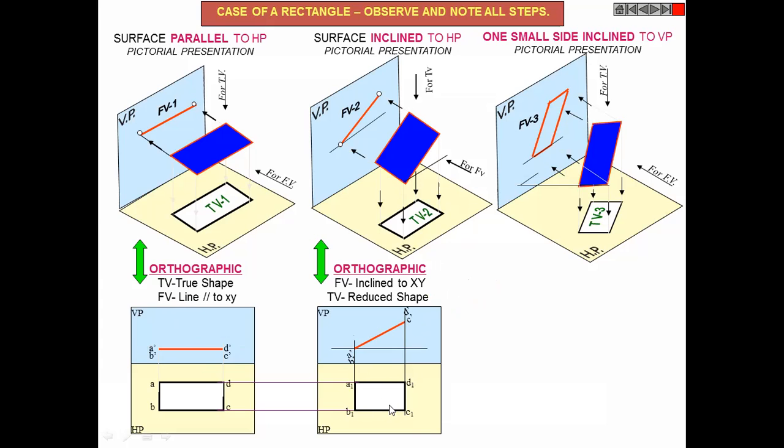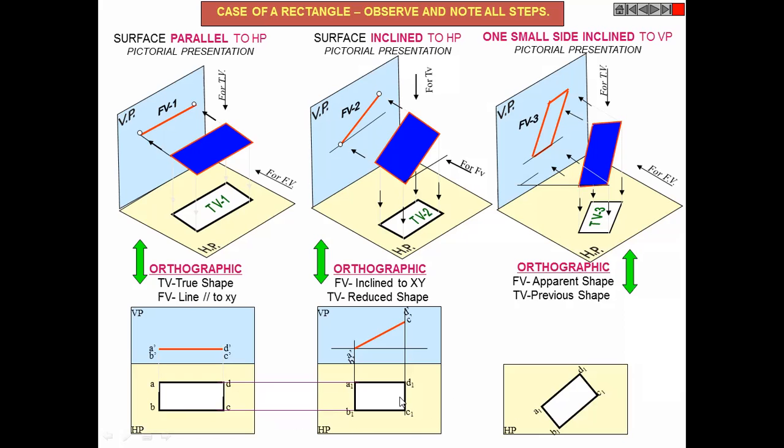Now we will take the second realistic condition, that it is inclined to VP at some angle. So that will be visible in which plane? HP, correct. So what we did, we drew the line as inclination. First of all, we drew this line with respect to horizontal.